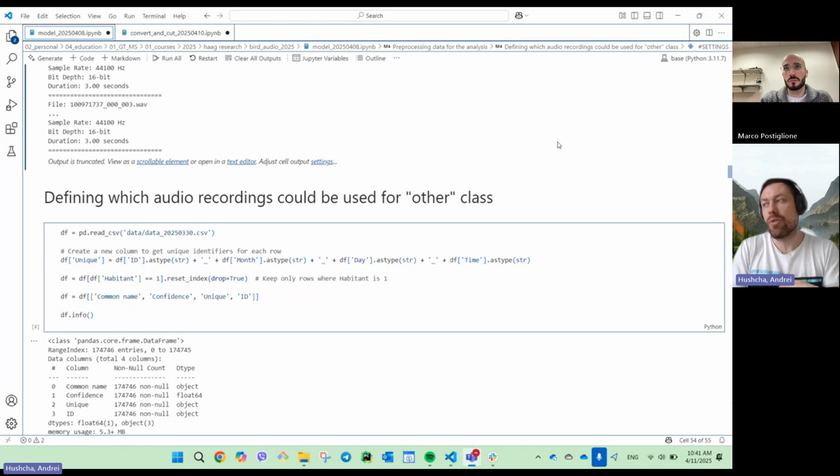Then we randomly cut off the numbers, let's say we have 2K samples, with some proportion, because we don't need some birds being over-represented in the other class, but also we don't need a lot of, let's say, wind or rain samples at all. So what is your recommendation based on these two questions?